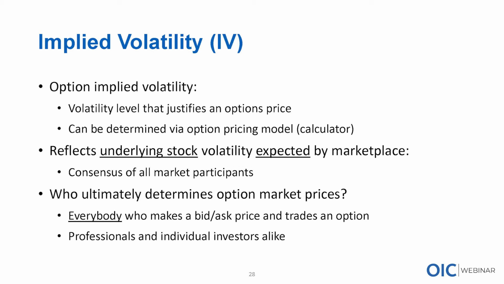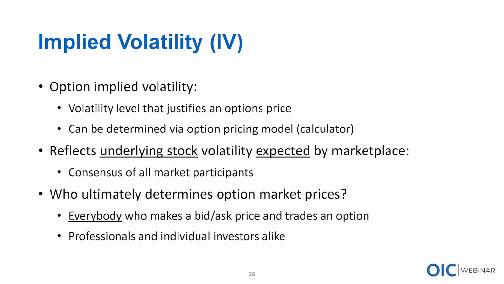One of the popular questions we get at OIC is, who makes these option prices? When I'm looking at an options chain, I see these bid and ask prices. Who's making these? And it's not random. It's everybody in the market. It's market makers making a two-sided market.